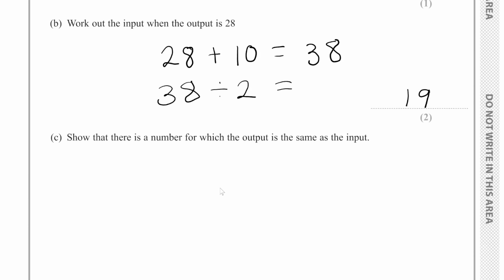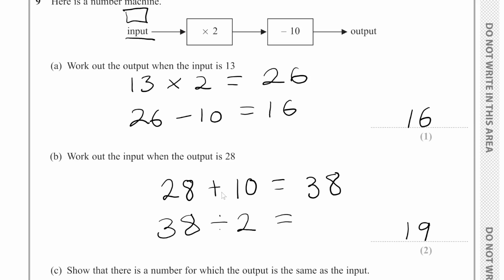Show that there is a number for which the output is the same as the input. So what number do we put in, times it by 2, and then take away 10 to give the same output? So it's 10. 10 times 2 is 20. Take away 10 is 10. You could just try different numbers until you find one that's the same.